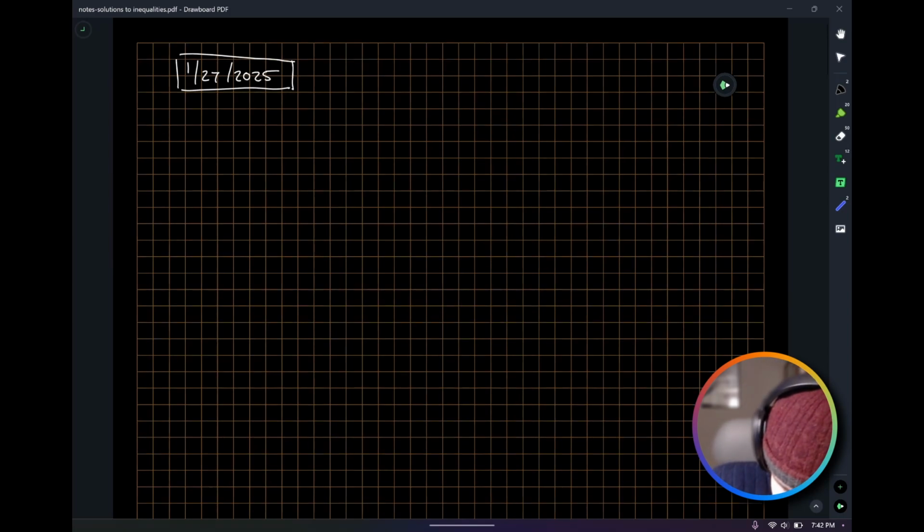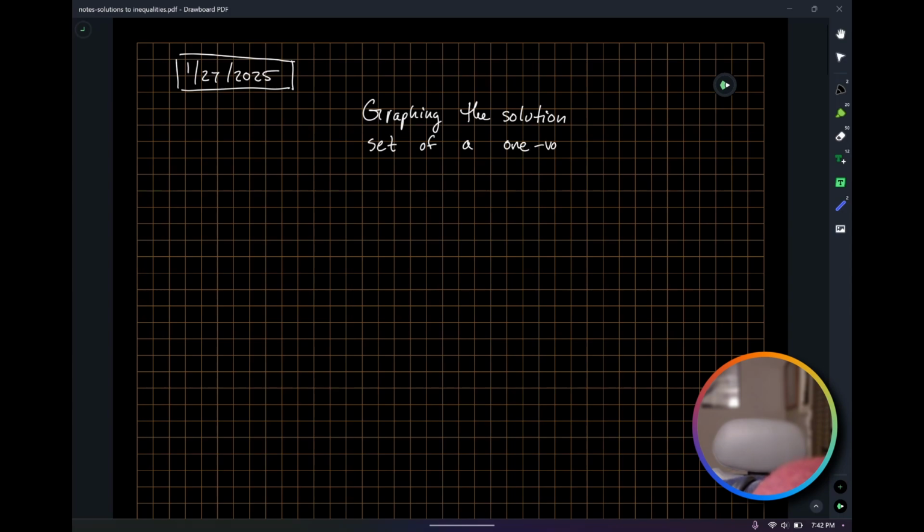Giving this lesson or these notes a title. It's going to be graphing the solution set of a one variable inequality. Boom.